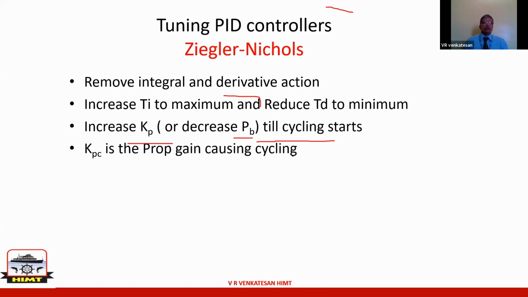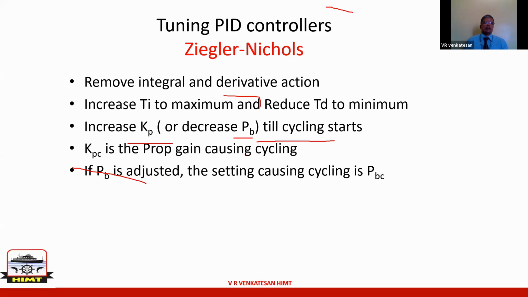So what you should do is note down the gain value where the hunting is taking place. For example, on the dial, it might show 2.3. That is the gain value at which the cycling is taking place. Similarly, if proportional band is adjusted, then you have to note down the band value. It could say, for example, 60%. At 60% or 50%, the cycling is taking place. So you have to write down that value. Then you have to write down what is the time period.